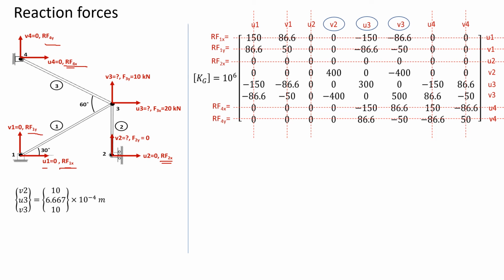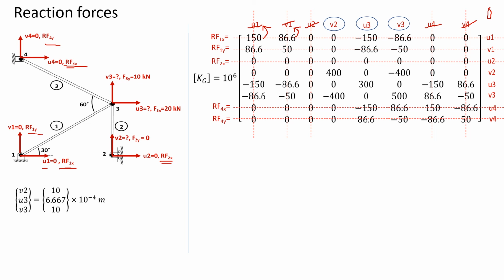So in order to determine these reaction forces, we just need to multiply with those that have displacement. For example, in this case, we know that U1, V1, U2, U4 and V4 are equal to 0. So wherever a value here is multiplied with 0, it will equal 0.